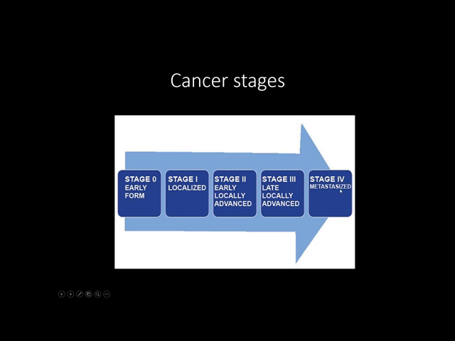Stage 4 is also called end-stage cancer, because unfortunately when people get to that point, pretty good chance that they're not going to make it through the therapy, although depending on the therapy they might have a chance still, but it's already spread into other places. When a person gets diagnosed, they are put into one of those stages, and it just helps the doctor figure out how rigorous they need to be with their treatments.